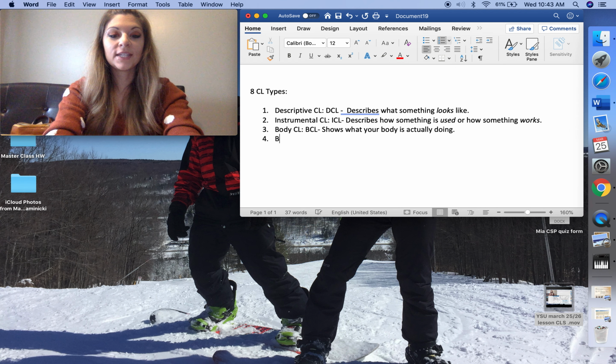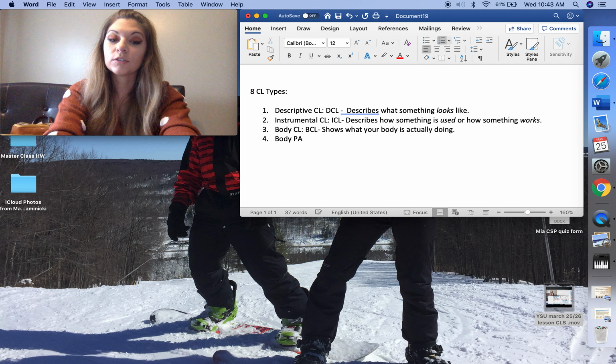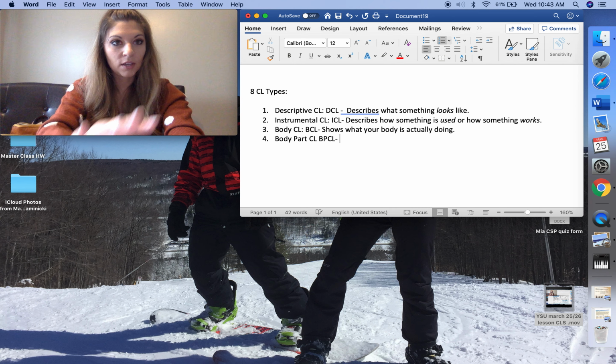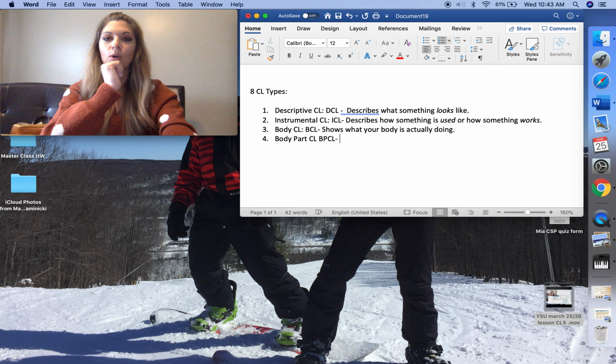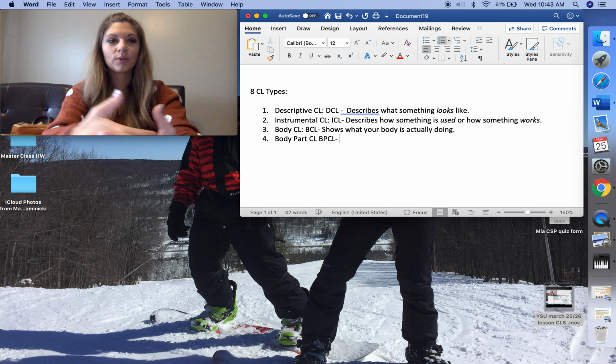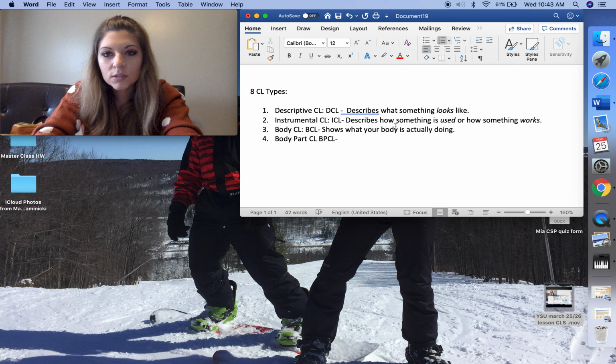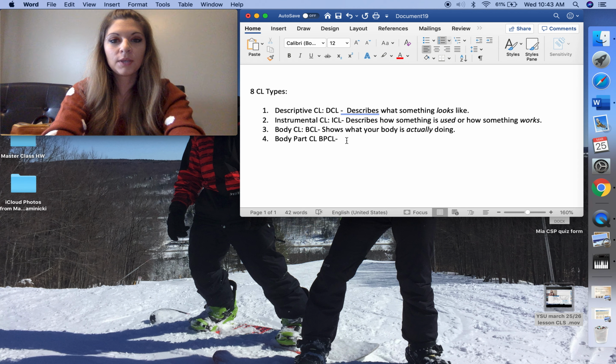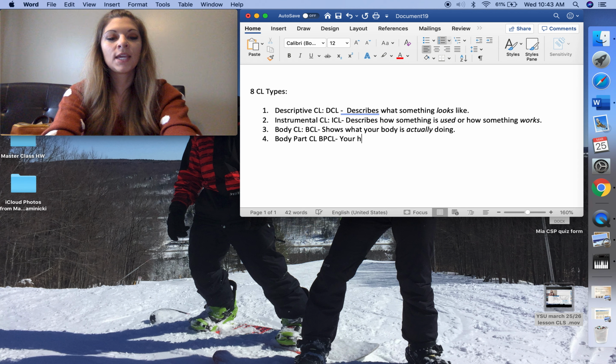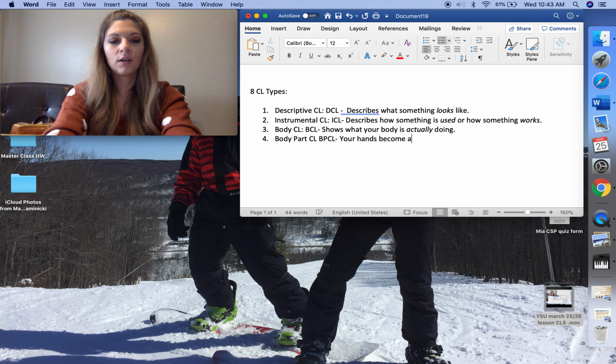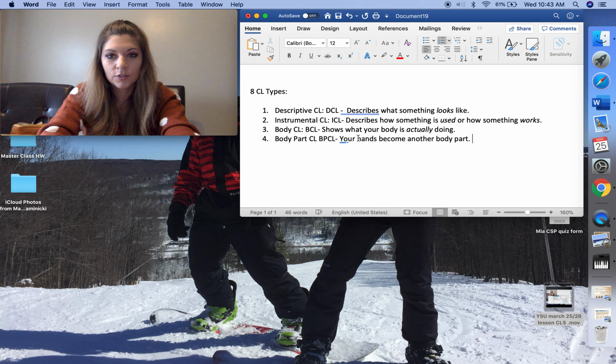So the next one is a body part classifier, that is a BPCL. That is the only one that has a 4-letter acronym. So there's a difference between the two, and sometimes people confuse the two. For body classifier, what your body is actually doing is the important part. And then for BPCL, your hands become another body part.